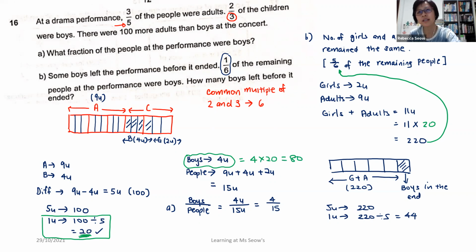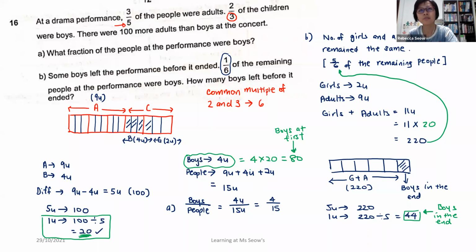So at the very first part of the concert, there are 80 boys. So boys at first, that's 80. This 44 refers to boys in the end.